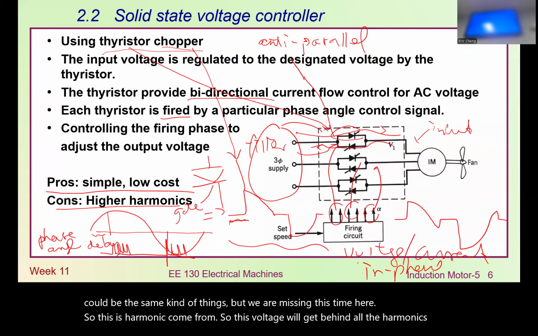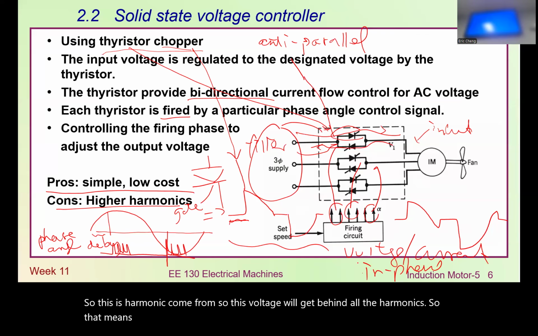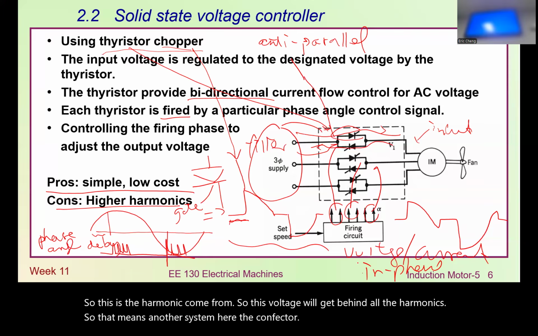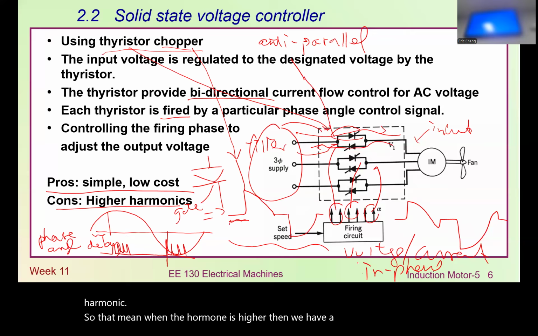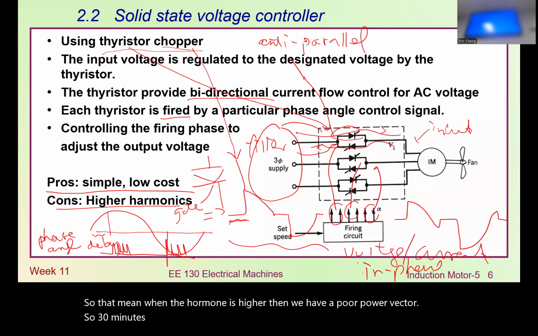So the power factor depends firstly on the angle, the cosine phi, and another component is related to the harmonic. When the harmonic is higher, we have a poor power factor.